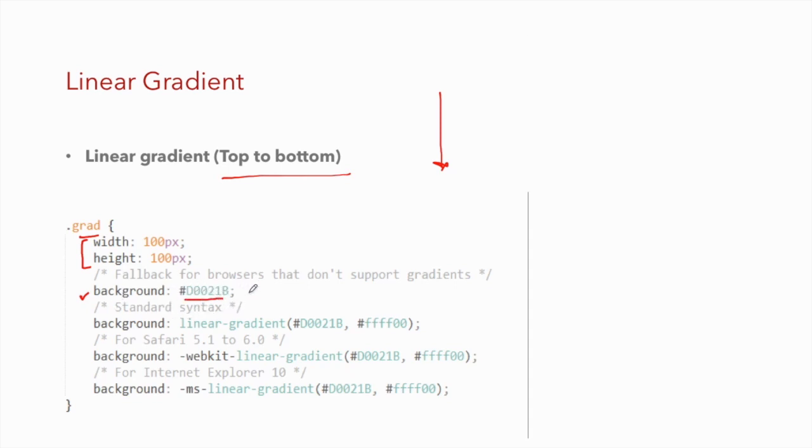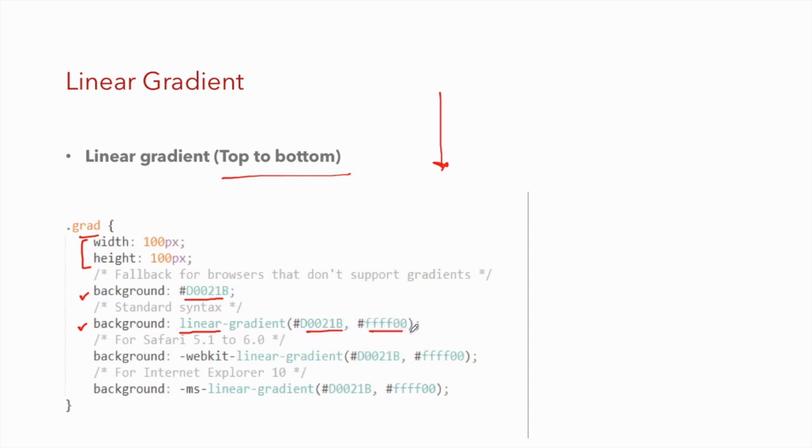So we are using this as a fallback, and the standard syntax, which is basically supported by CSS3, or as specified in the core documentation of W3C. So this is the standard syntax. Let us hope that this gets adopted by most of the browsers, and all the rendering engines will start processing this particular property.